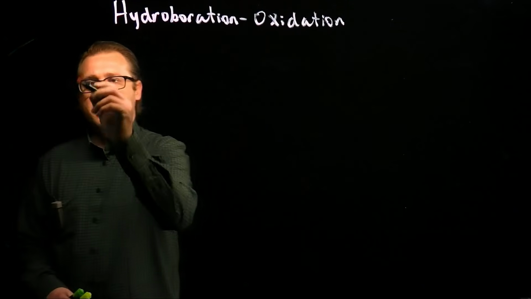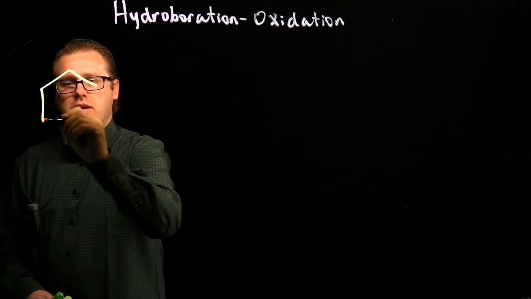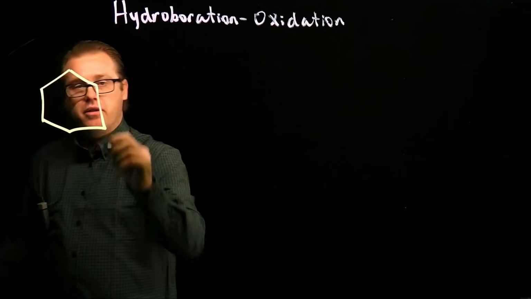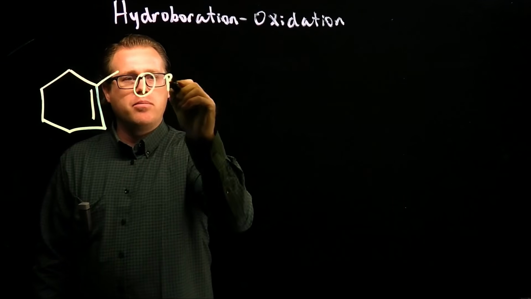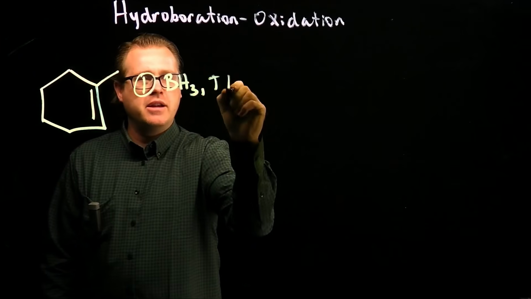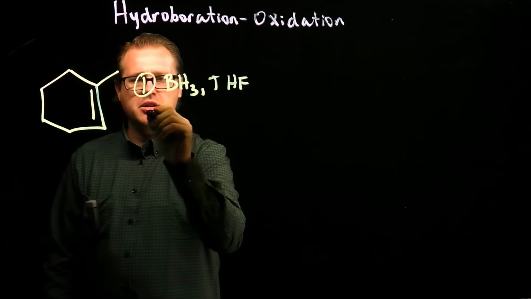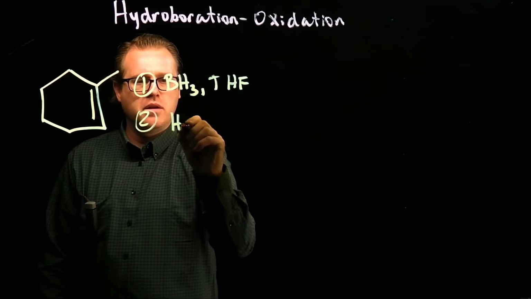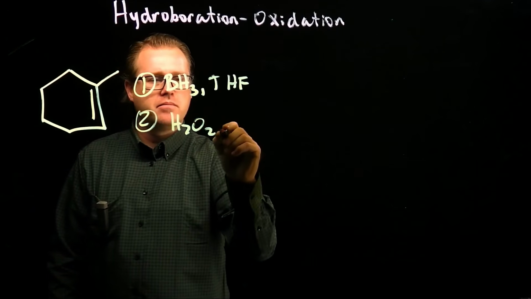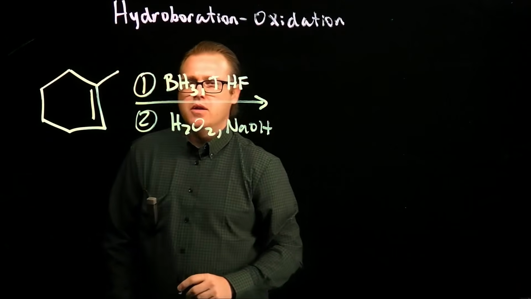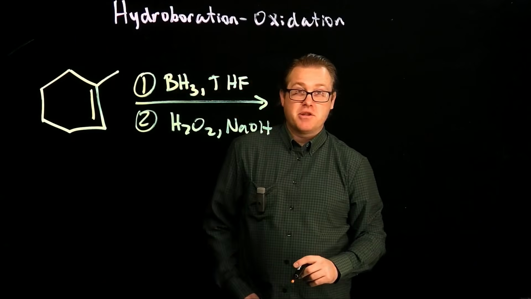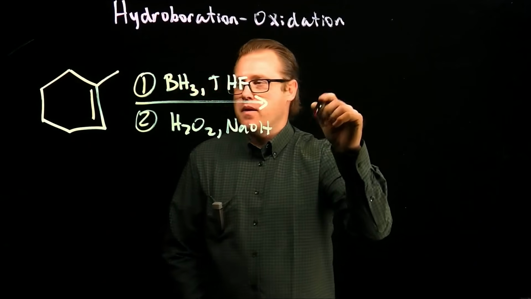Another factor that we need to be aware of is the stereochemistry. So if we treat that with our borane right here, THF, and step 2, the oxidation. Okay. The stereochemistry is really important.